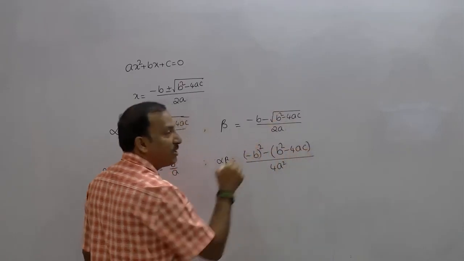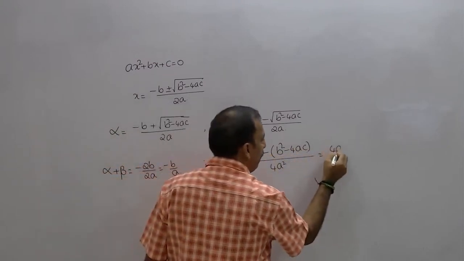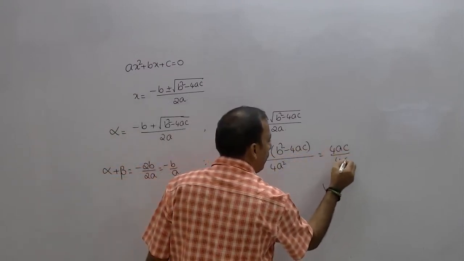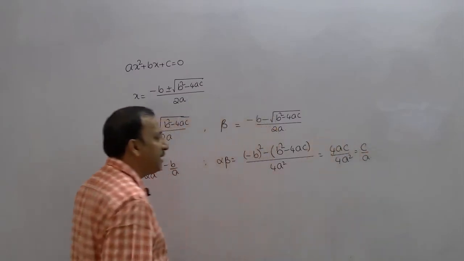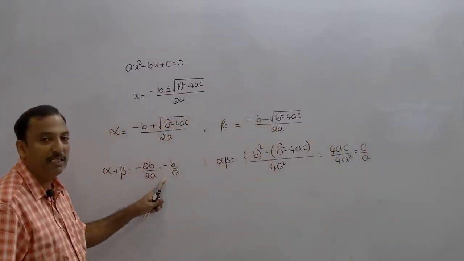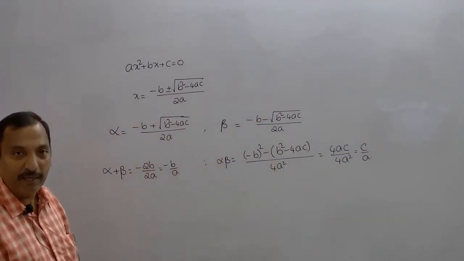Minus b whole square means b square. B square will get cancelled. So 4ac by 4a square, that is equal to c by a. The sum of the roots of the equation is minus b by a, and the product of the roots of the equation is c by a.